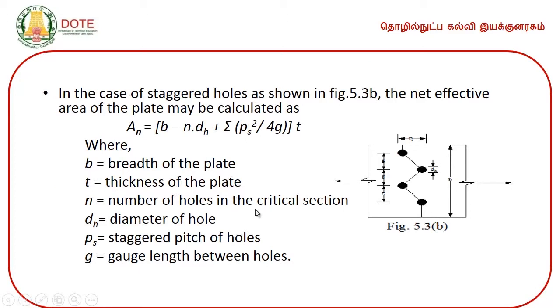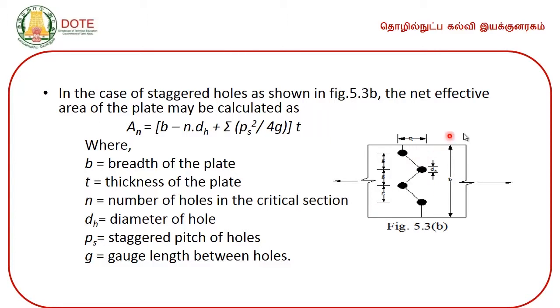And suppose the plate is having holes in a staggered manner, and the horizontal distance between the holes is denoted by Ps, and the vertical distance is denoted by the letter G, where Ps stands for the pitch distance and G stands for the gauge length distance, and DH stands for the diameter of the holes, and of course B denotes the breadth of the plate.